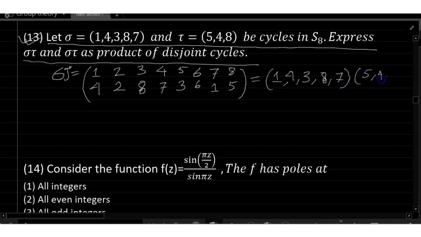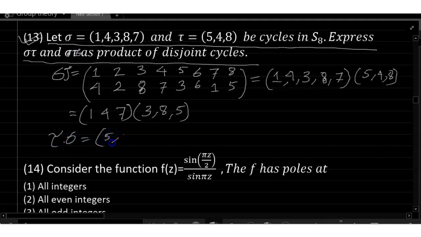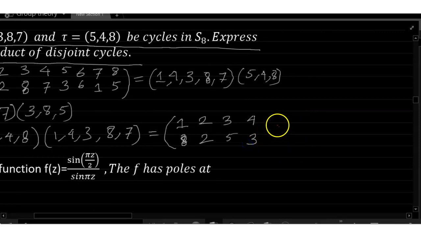Now tau sigma equals (5 4 8) and (1 4 3 2 8 7), and it can be multiplied with this one.